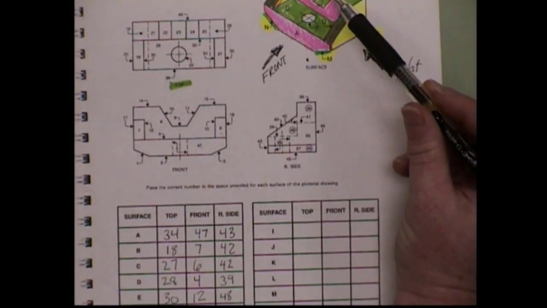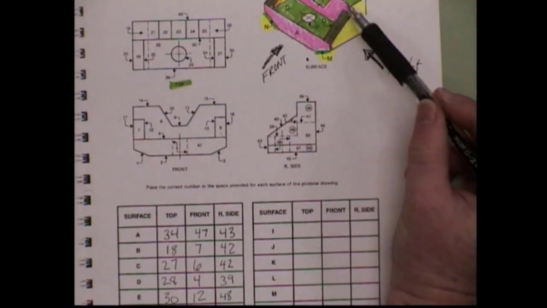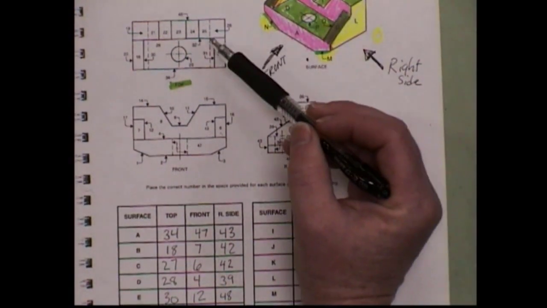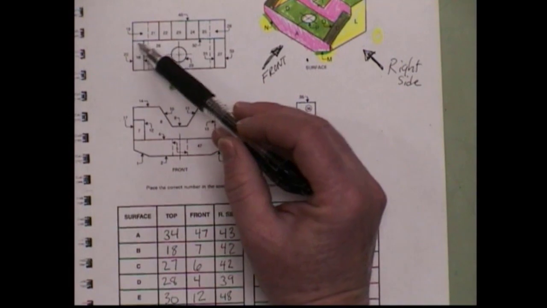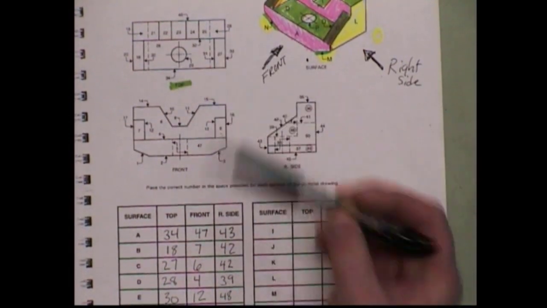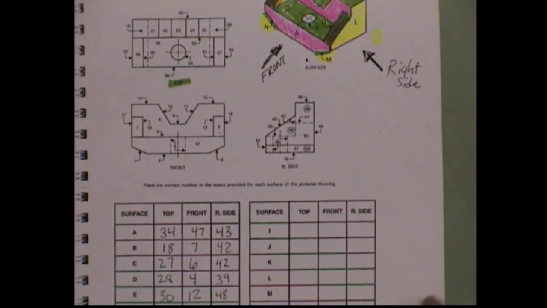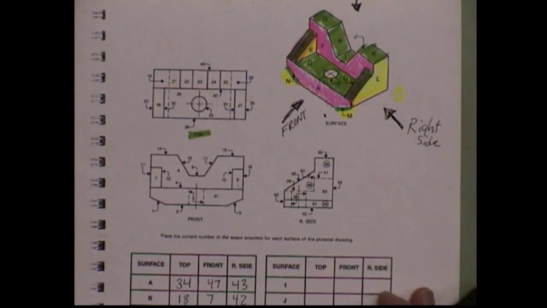The next one is F. So F in the top view, it's going to look like a line or an edge. So we're going to choose which one? 32. 32. And then F in the front view, 8.